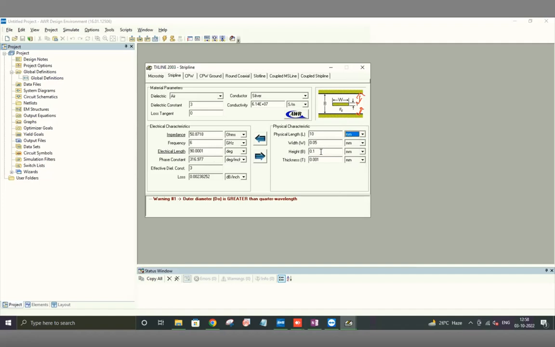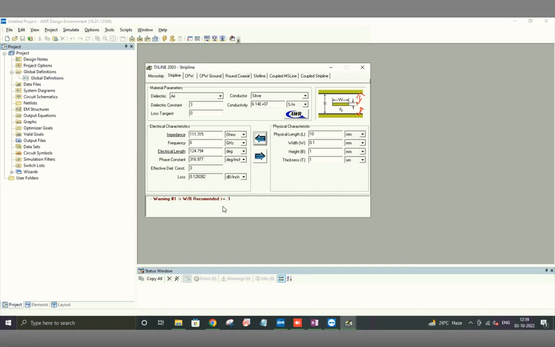So let's say a height of 1 millimeter, a width of 100 microns, thickness of 1 micron. I'll come to the thickness part in just a second. So what is the thickness? It's like this.